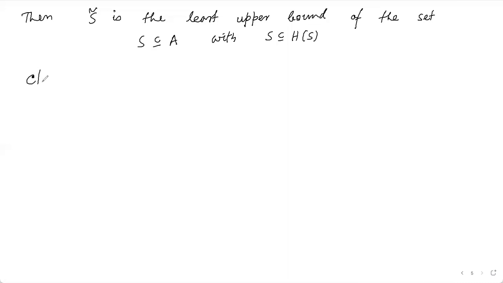Claim 2: S tilde is a fixed point of H. H of S tilde is equal to S tilde. So now we prove claim 2, that will complete the proof of the theorem.